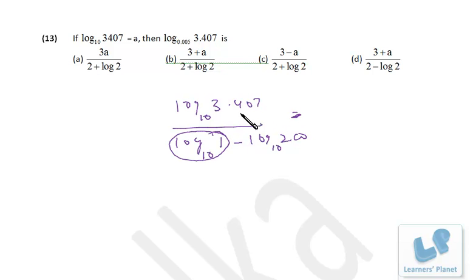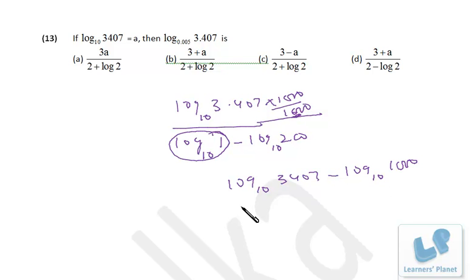Now in this case, what we want is 3407. So I multiply and divide this expression by 3407, right? Base is 10. Now 3407 into 1000. So this expression can be written as log 10 of 3407 minus log 10 of 1000 by minus log 10 of 200, right?